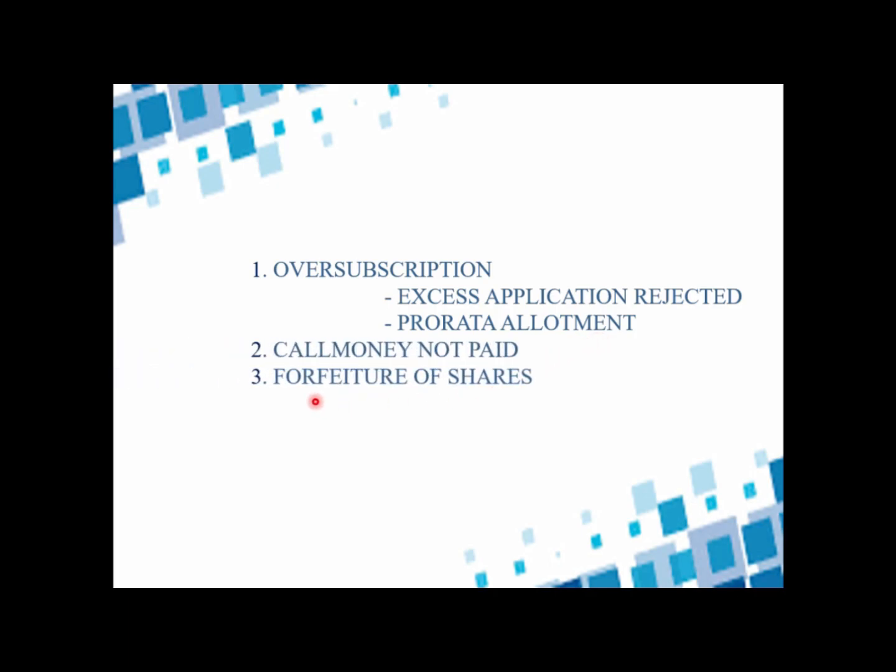Third, forfeiture of shares. Fourth, reissue of forfeited shares. Today, we are going to concentrate our journal entries on oversubscription, call money not paid, forfeiture of shares, and reissue of forfeited shares. When you are solving the problem, you have to note down the following points.